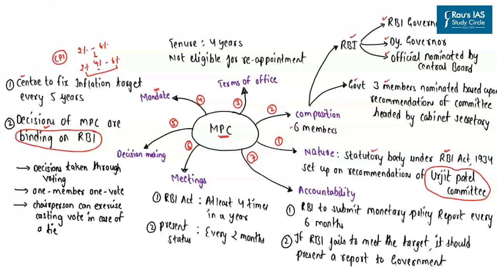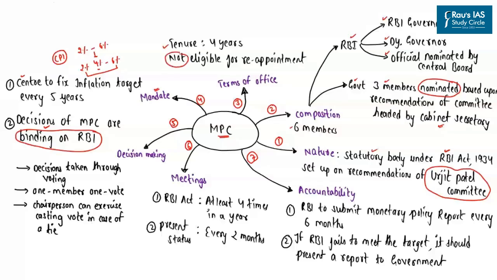These 3 members are nominated by the central government, and they are nominated based upon a committee which is headed by the Cabinet Secretary. So a committee which is headed by Cabinet Secretary will recommend certain names to the central government, and from those names the central government will pick 3 members who will then become part of the Monetary Policy Committee.